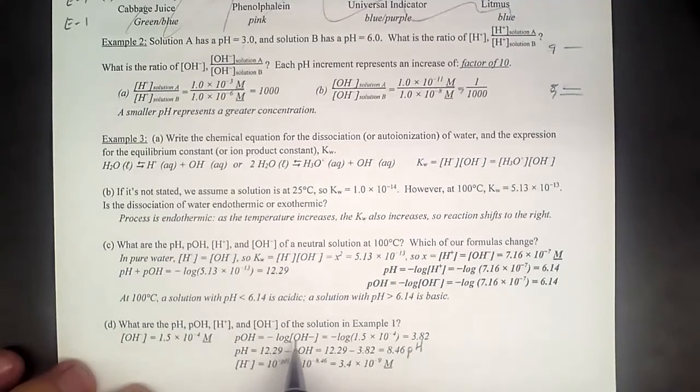So the negative log of that number, of course, is the answer we got last time, and that's the pOH. However, it's in equilibrium with H plus in a different kind of system because now I don't subtract out of 14 to get pH. I subtract out of 12.29, and I get a different pH because remember, we didn't dose it with an H plus type chemical. We dosed it with an OH minus type chemical.